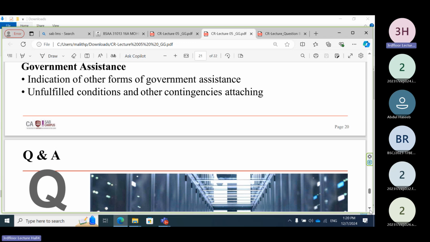We discussed the government grant definition and understood what the grant is. And here we have government grant and assistance. Government assistance won't be accounted, and government grant will be accounted by the capital method or the income method. That should be decided by the management. And in the income method, we have to account for it on a variable basis.